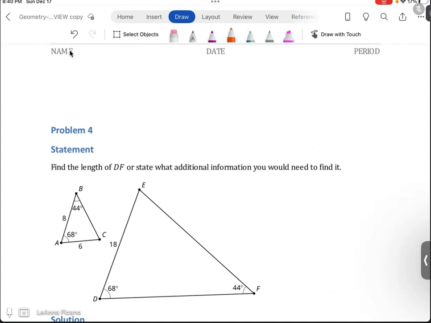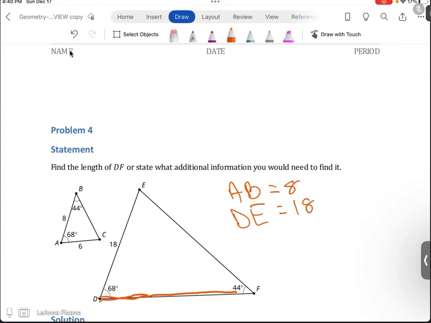So we have AB equals 8 and DE equals 18. Okay, so we want to find DF. And we have AC equals 6.